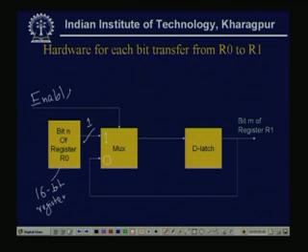In this case, if the enable is 1, that means if it is true, then this one bit from the register will be output to the mux output. This is also one bit. Then it is latched because it is a D latch. So, this is my D input, this is the Q output, and it will go to the bit of register R1.